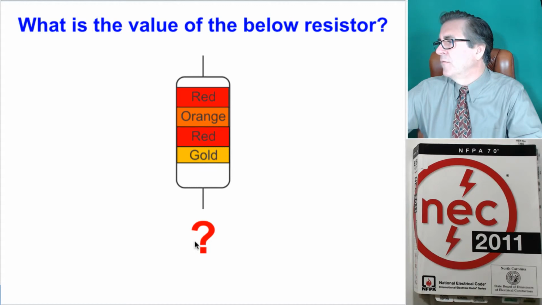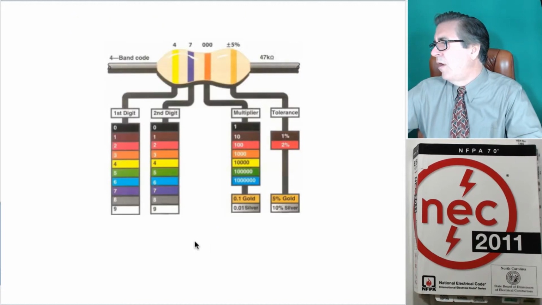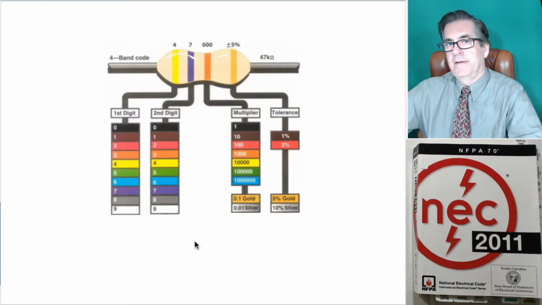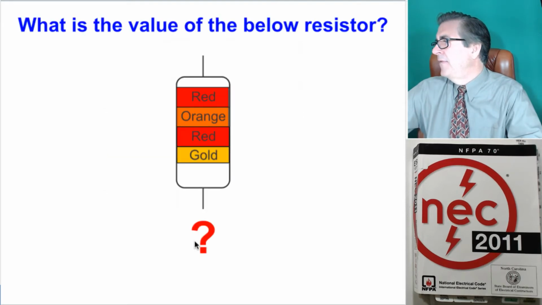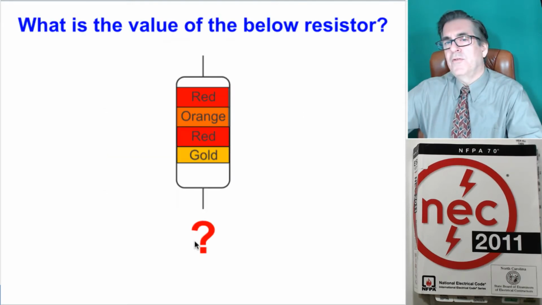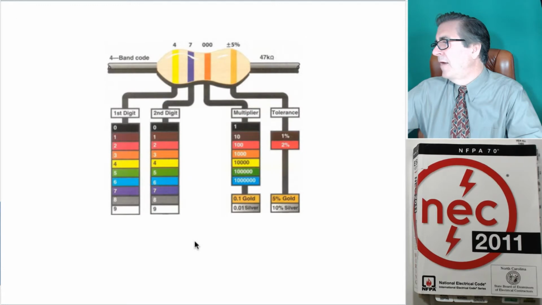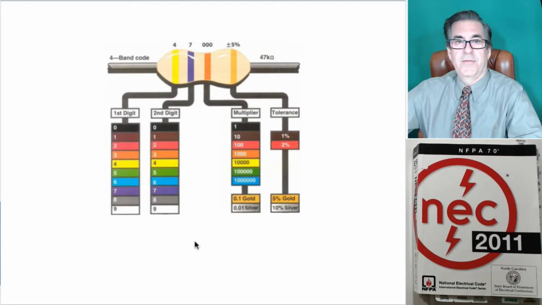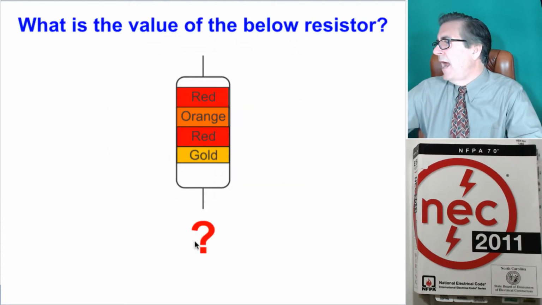Let's go back and look at what red represents. Red is 2, right? And then the second one is orange. Orange would be 3, right?